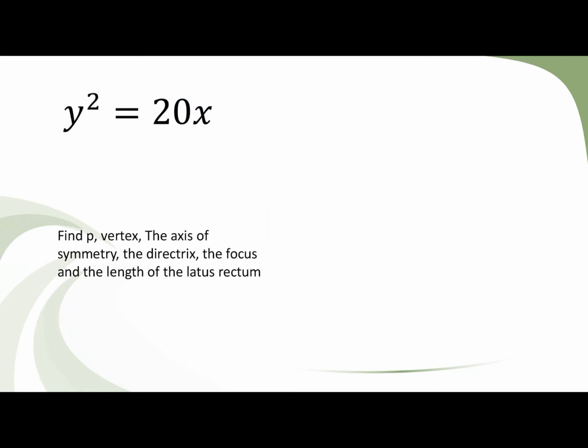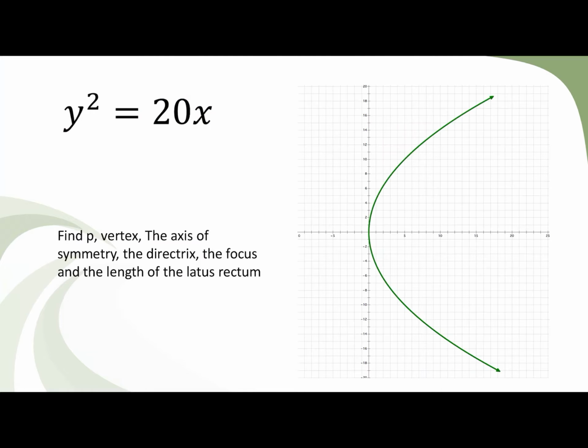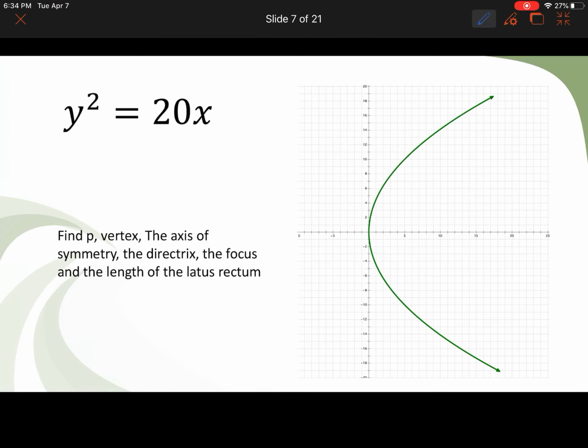So let's just look at where all this stuff fits onto a graph. Here is the graph, but let's just find all the things from our equation. So this right here is 4p. Remember, the equation is y squared equals 4px.